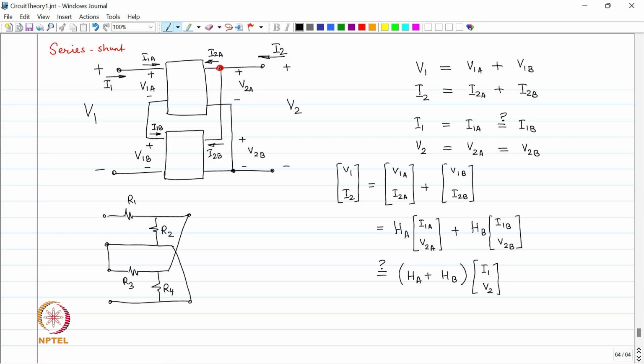Is there any guarantee that I1A is equal to I1B? So, this is the question mark. Is there any guarantee?